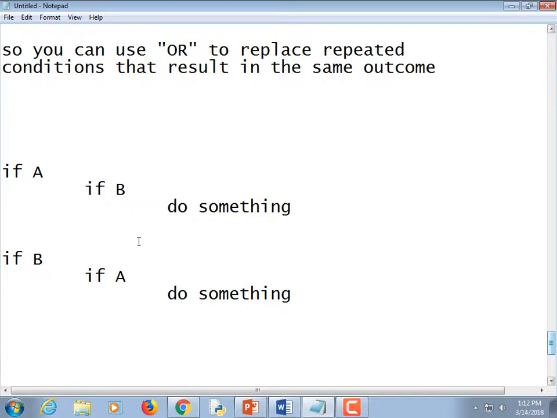Which one would be a more efficient way of writing it? You want to put the thing that happens least often in the beginning. Why? Because if A is only true 10% of the time, we don't want to be testing B over and over and over. We don't want to do the second test if the first test is false. So you arrange it so that the most exclusive test happens first.